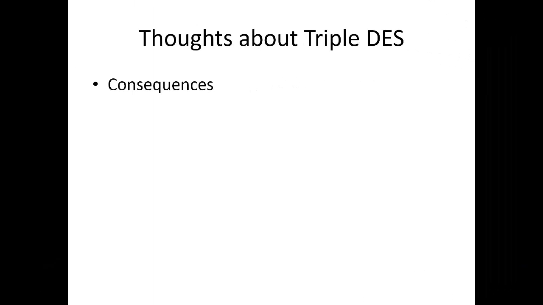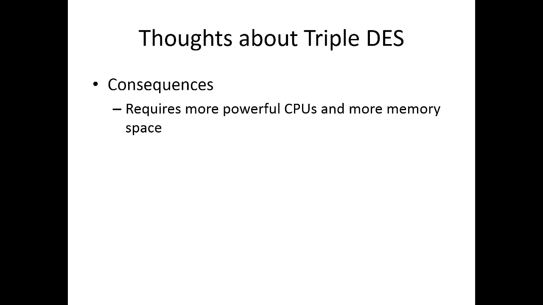So here are some thoughts about triple DES. The consequences of using triple DES include the fact that it requires a more powerful CPU and more memory space compared to other modern algorithms, as you can see here.